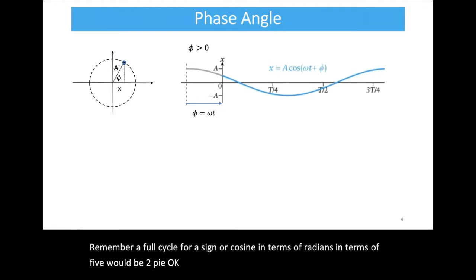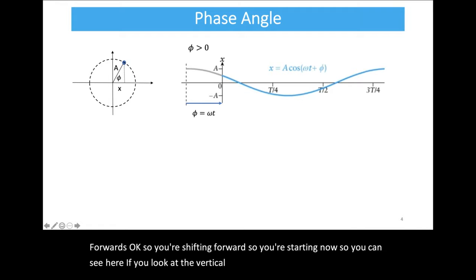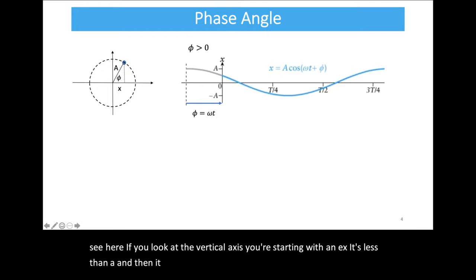Here you're moving something a little bit less than pi over 2 forwards. So you're shifting forwards. If you look at the vertical axis, you're starting with an x that's less than a, and then it continues to decrease.